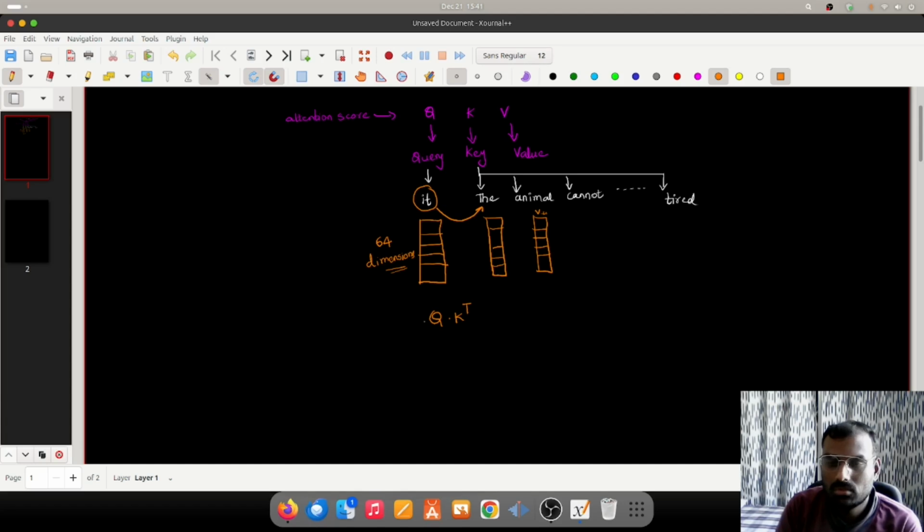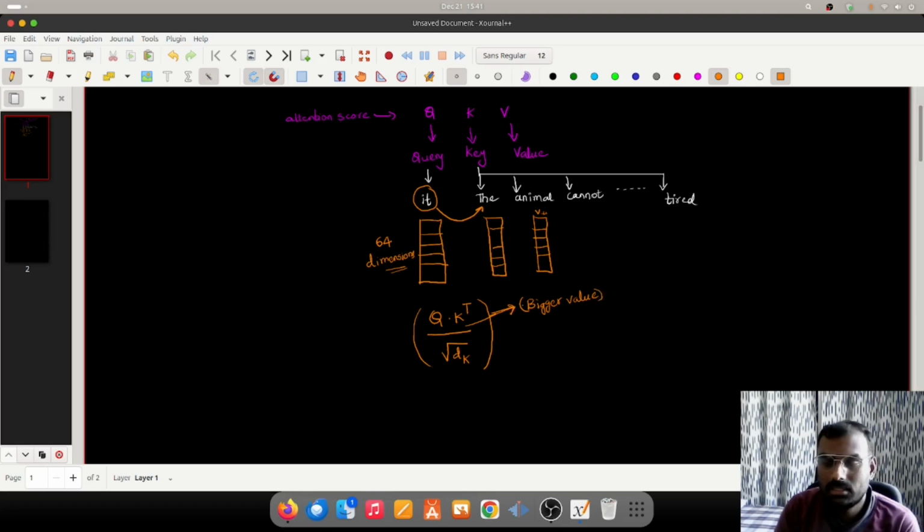This product goes maximum when they get multiplied using the dot product. So this product will obviously be a bigger value. So the numerical value is a bigger value.